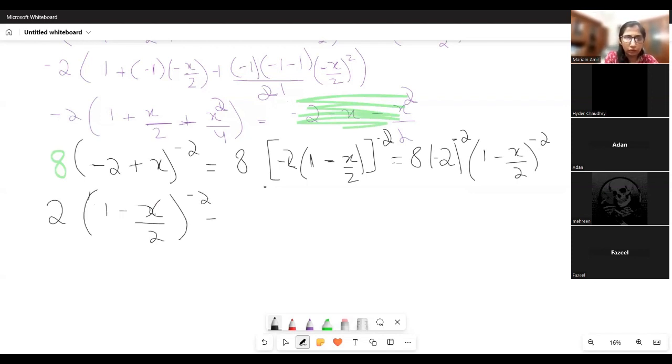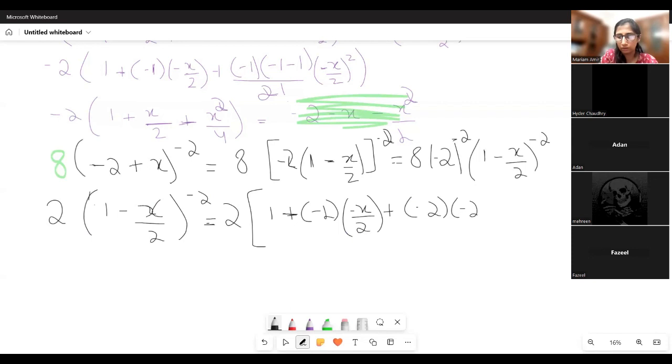So that would be 2 times bracket 1 plus n times x plus n minus 1 upon 2 factorial times x square.